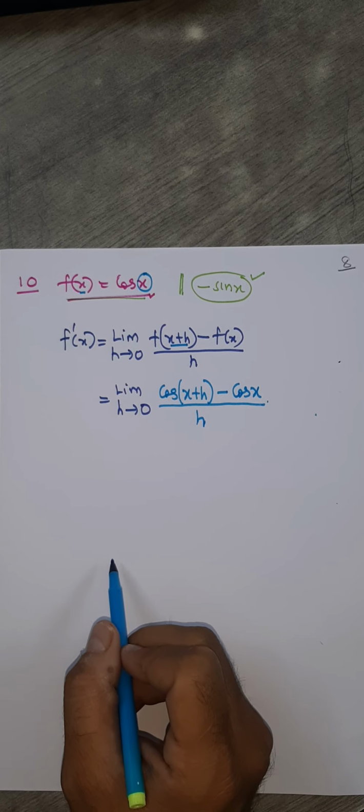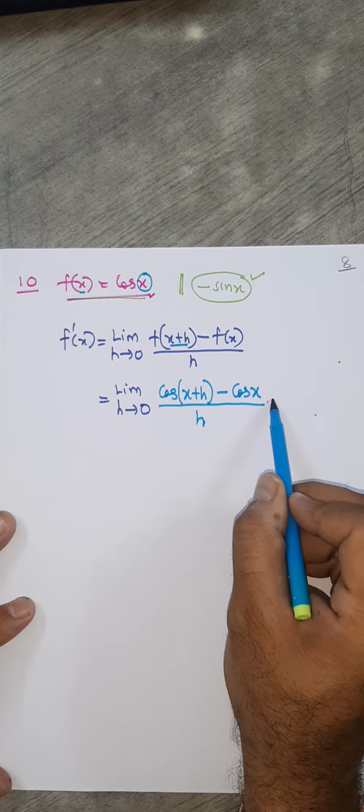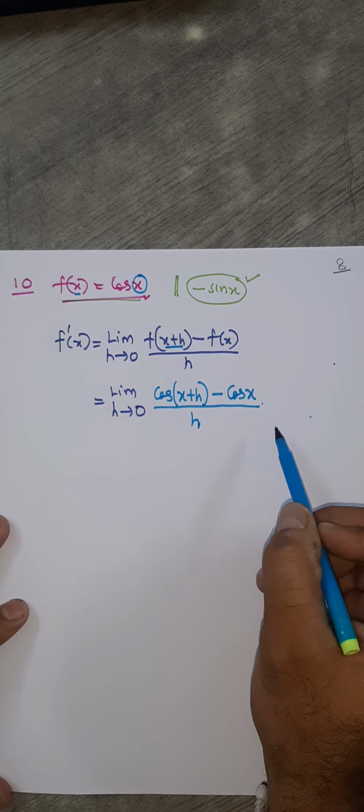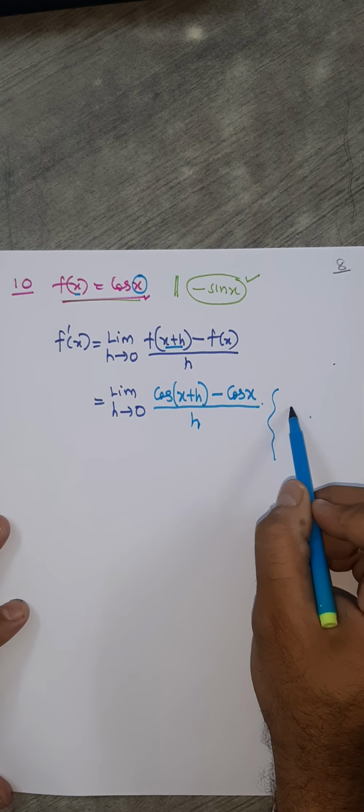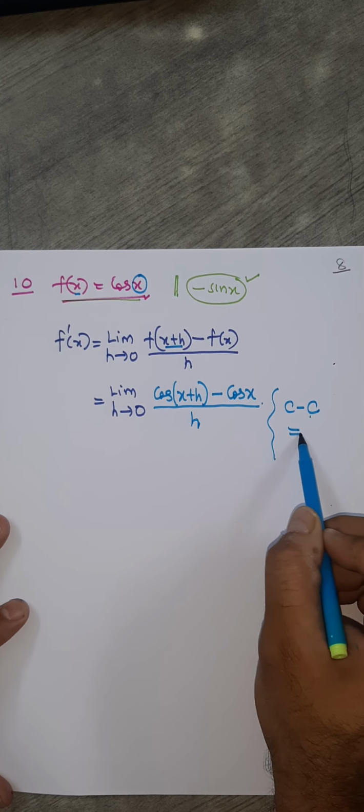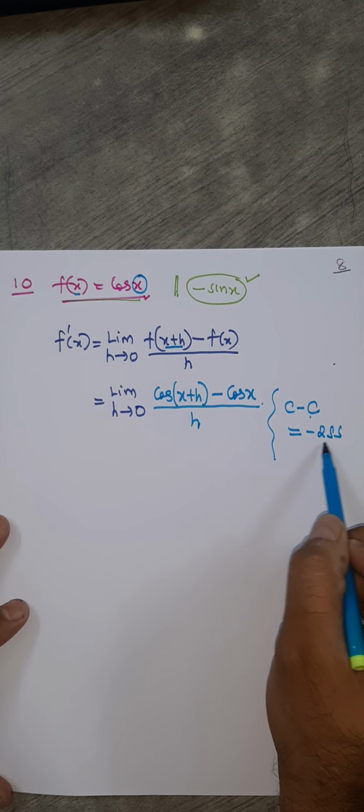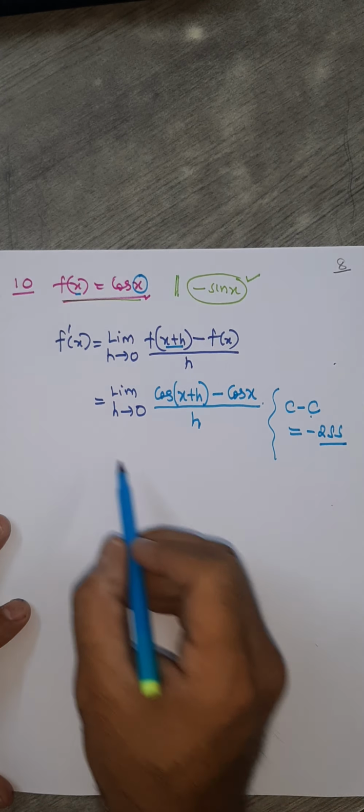We know that numerator is a known expression. Can we just recall what is numerator? Cos C minus cos D. What is cos C minus cos D? Minus 2 sin, factor formula.